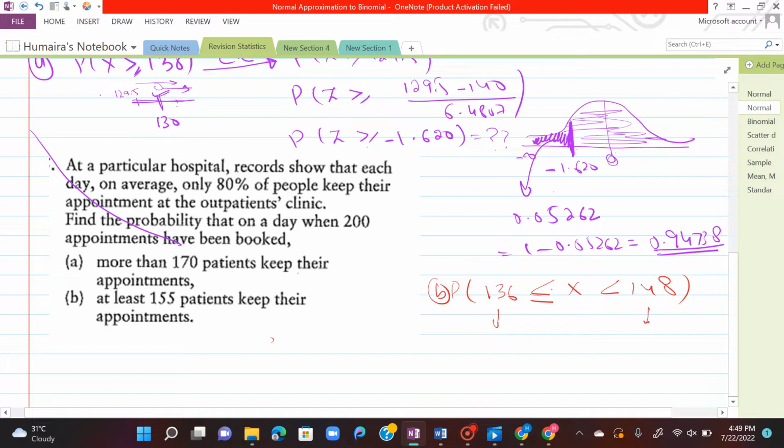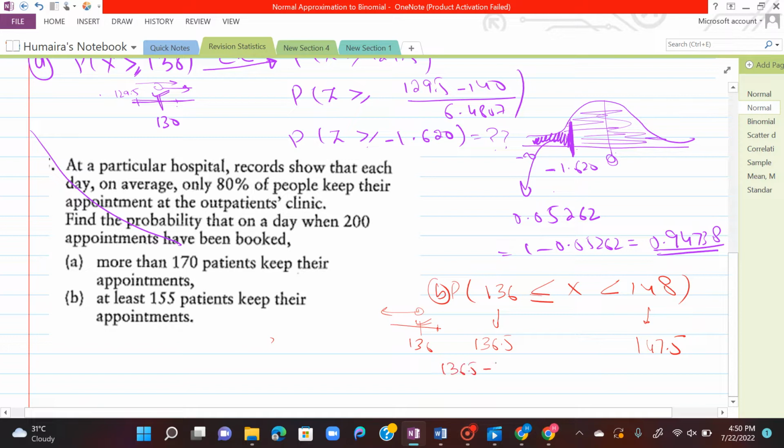This is greater than or equal, so on a number line, if this is 136, I have to take all the values including 136. So I must start from 136.5, right? And for this value I want less than 148, so I'm not interested in including 148, so I can go up to 147.5. All right, the rest of the working will be the same, so doing it quickly.